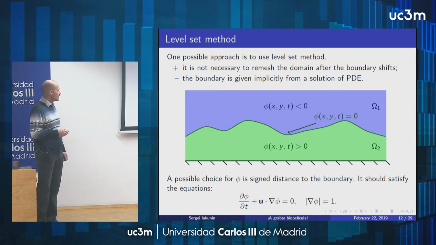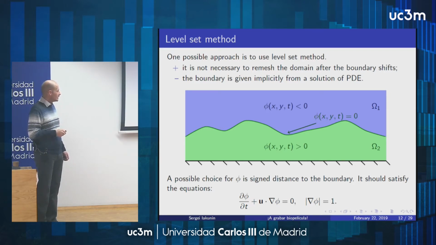The advantage of this method is that if we use, for example, the finite element method to resolve this problem, we can use the same mesh all the time and just combine all our properties, such as concentration of substrates and biofilm, with this function.